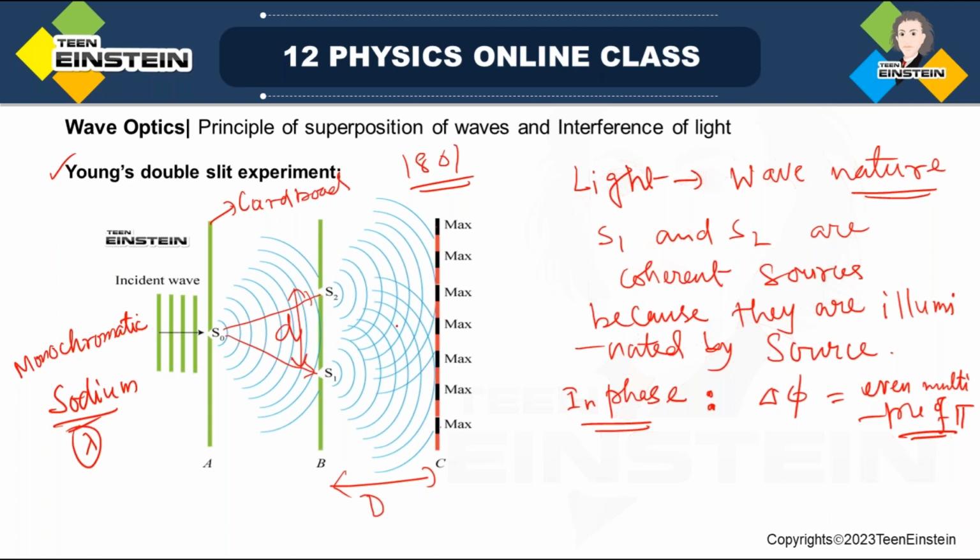When the two overlapping waves meet in phase, with the phase difference an even multiple of pi, the intensity will be maximum.